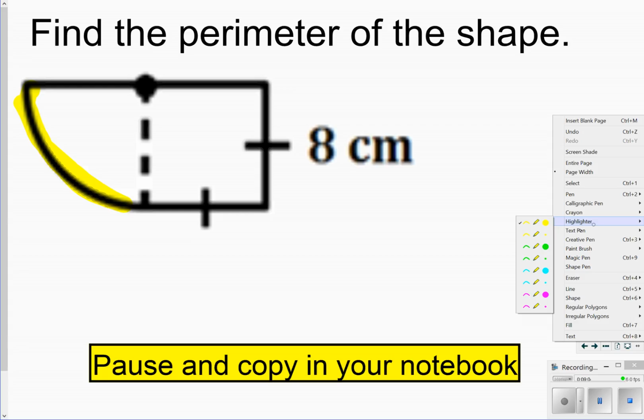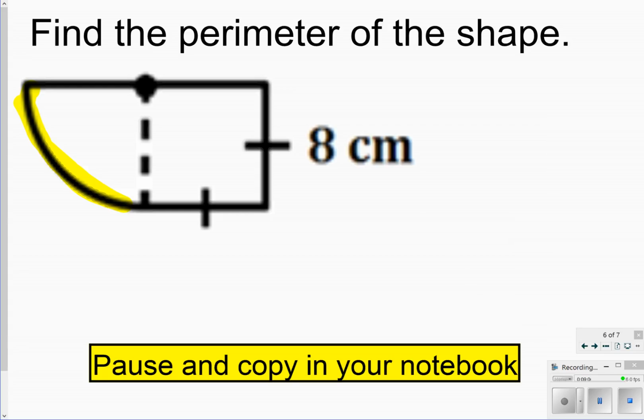Excellent. Then, let me get a different color. Then we have this straight part, and if you remember from our last example, we knew that that was the radius, and here it makes it a little more obvious because they gave us a circular point in the center. So if that's our radius, that means this would be a radius, but because we're doing circumference, we really don't need that dotted line.